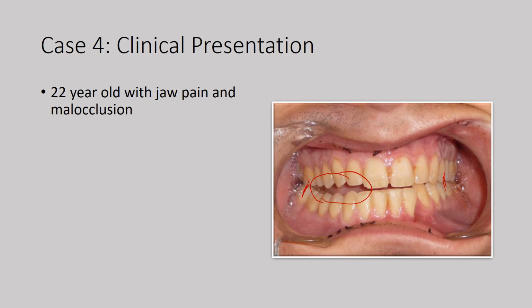This is abnormal occlusion, and certainly wasn't his occlusion before the event, and this really suggests a fracture. You can also notice a little bit of a step off right between the left lateral incisor and the canine.